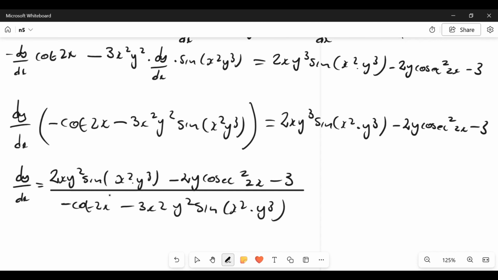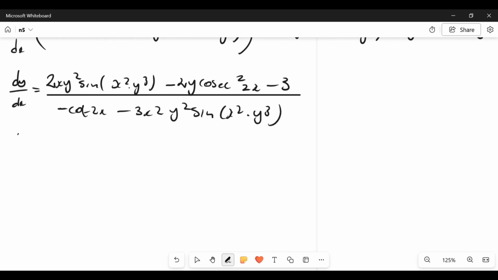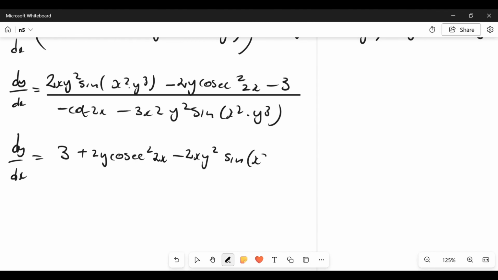You can multiply by negative throughout so that your answer can look like the following. Let me create space. Dy over dx. This is going to be positive 3 plus 2y cosec squared 2x minus 2xy squared sine x squared multiplied by y cubed.